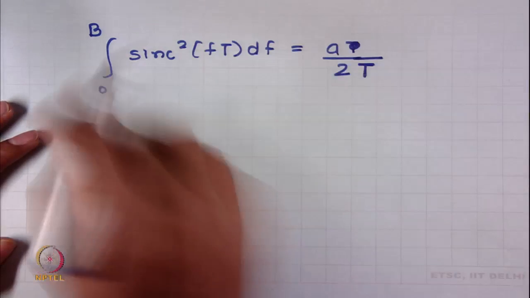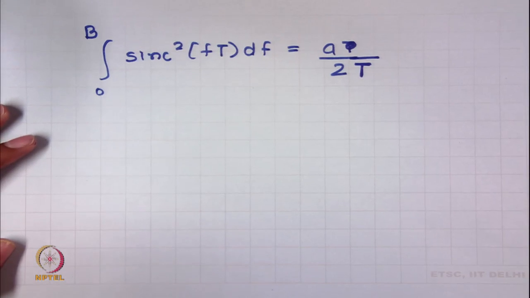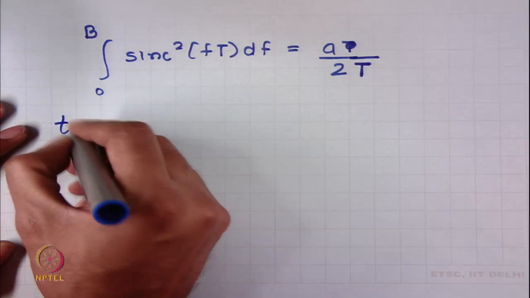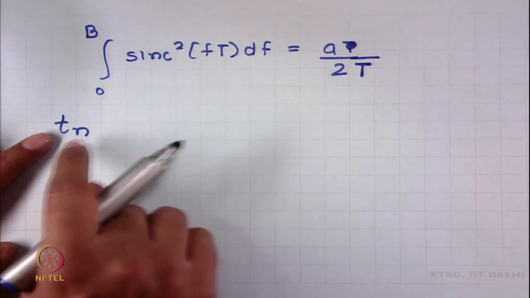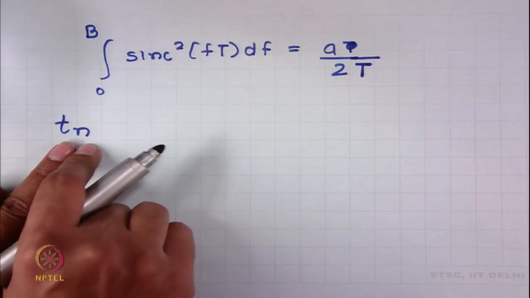Now, I can even simplify this further by changing the units of my universe. So, I can define a new universe in which I have changed my time scale.